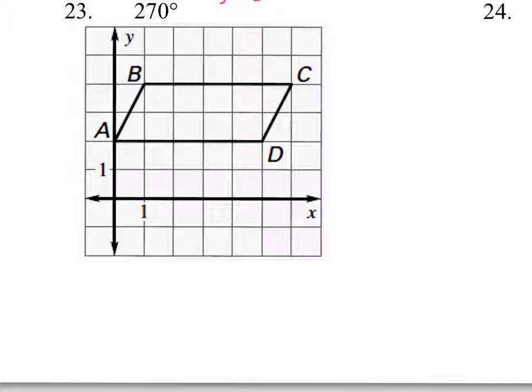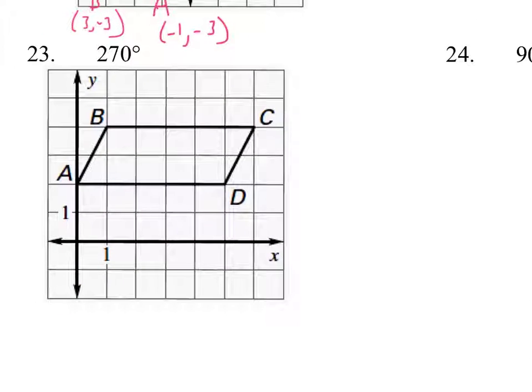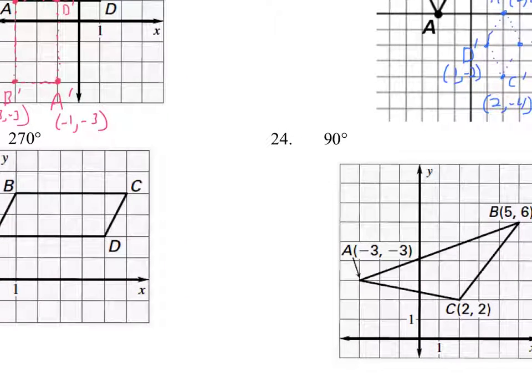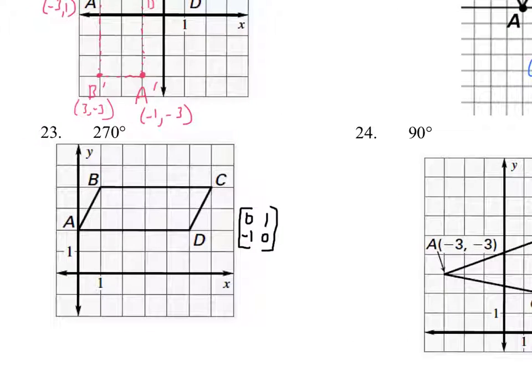So let's see here. Let's look those up. So the matrix for rotating 270 degrees looks like this. It's a 2 by 2 matrix, and it's 0, 1, negative 1, 0. And if we multiply this special matrix by our figure, and we make our figure into a matrix, the product matrix will come out with the correct rotation.